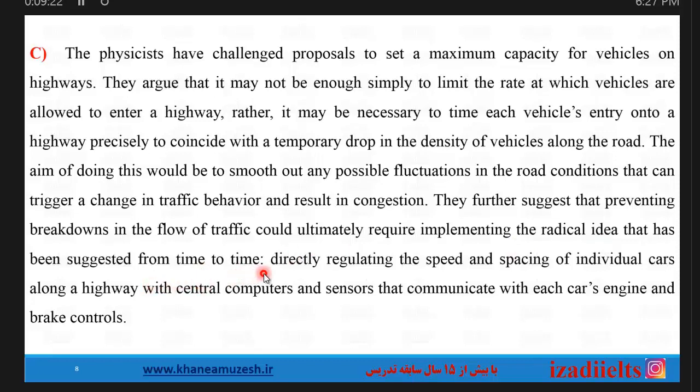What is this radical idea? Directly regulating the speed and spacing of individual cars along a highway with central computers and sensors that communicate with each car's engine and brake controls. Key sentences, please. Proposal. Very good.